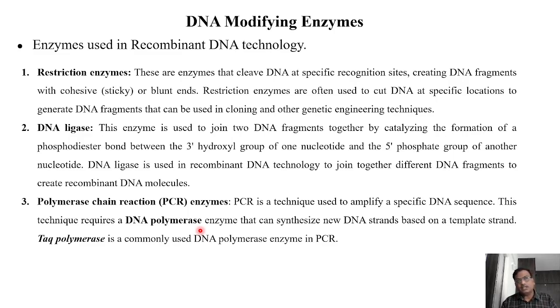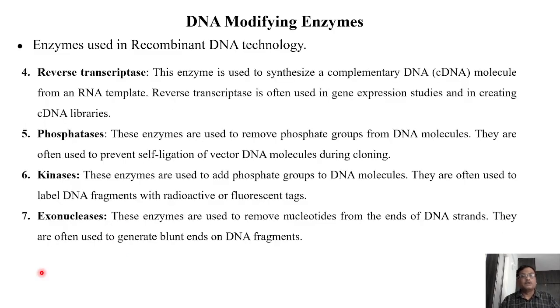You know, DNA multiplication or DNA duplication occurs during cell division, right? So basically, every cell which is capable of dividing, it contains DNA polymerase. But for PCR technique, we need a special type of DNA polymerase, that is Taq polymerase, which is extracted.